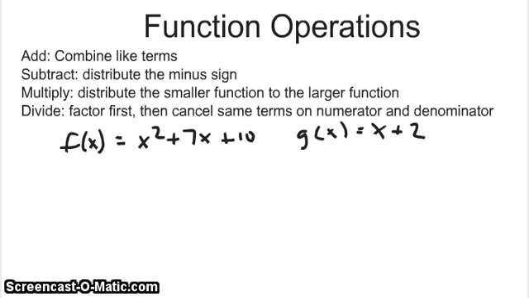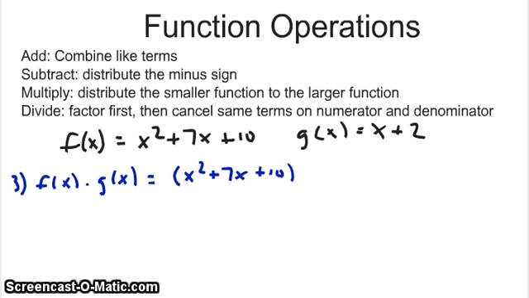So now if we go and multiply, number 3 would be f of x times g of x. We're going to have, we'll just write it out the way it says, x squared plus 7x plus 10 times, we're going to put everything in parentheses since we're multiplying, x plus 2.